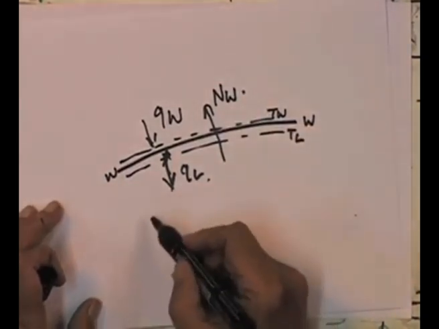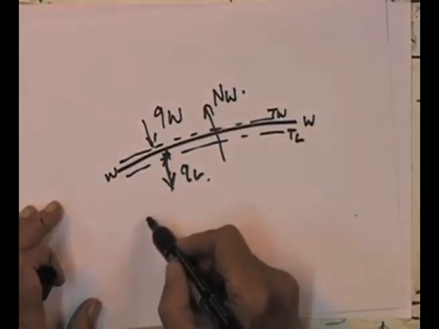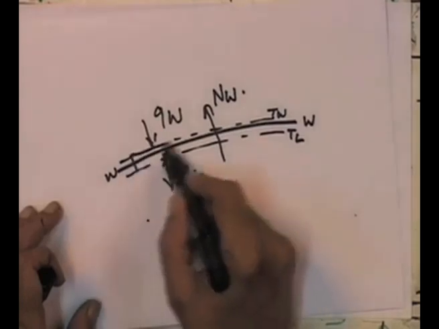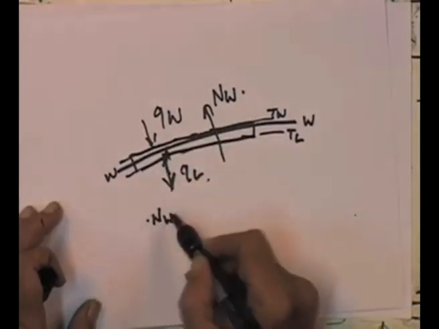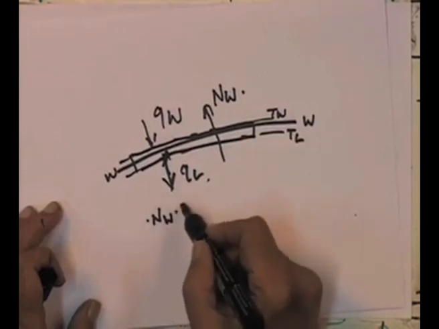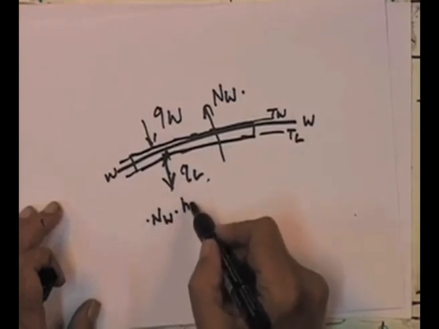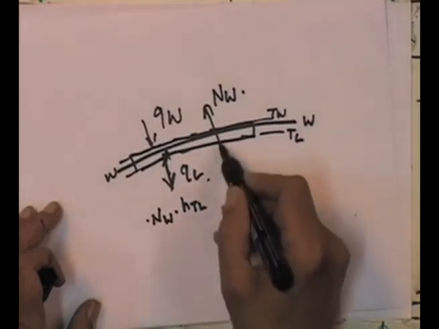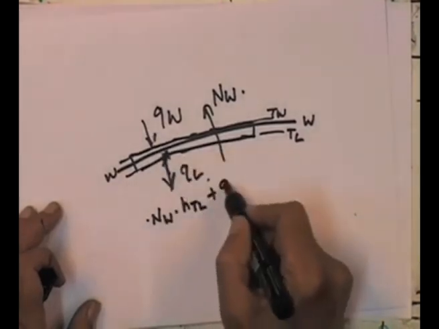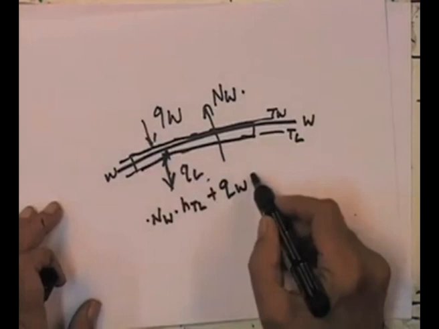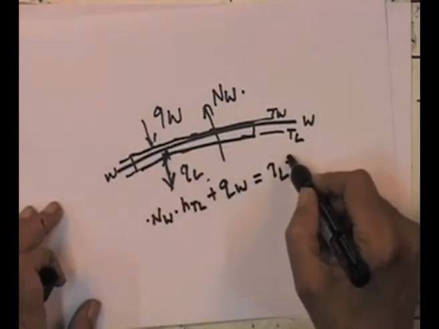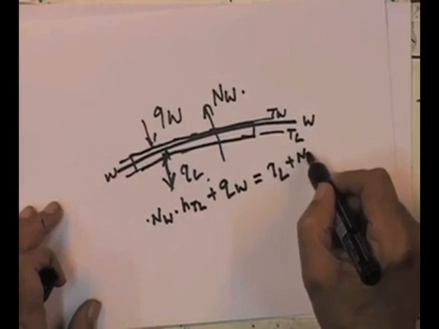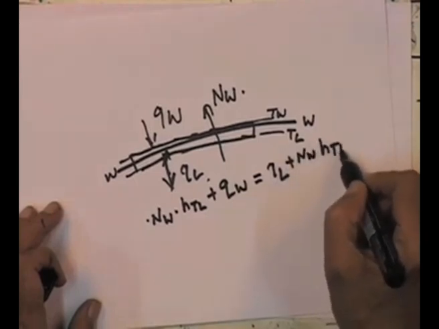So, if I take the control volume like this, then NW into HTL, which is coming in, plus QW, which is also coming in, must equal what is going out, which is QL plus NW into HTW.